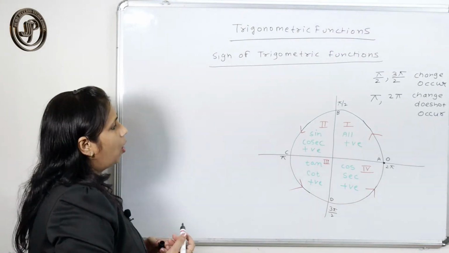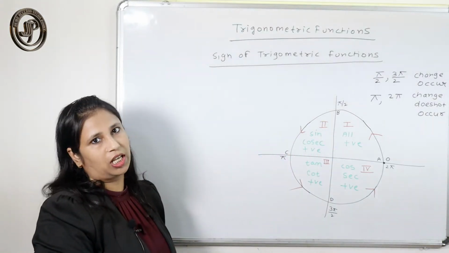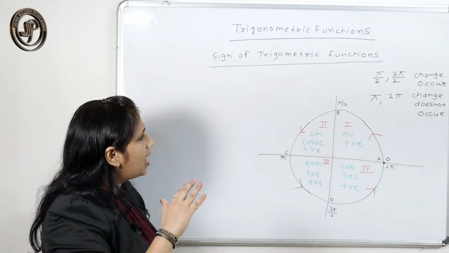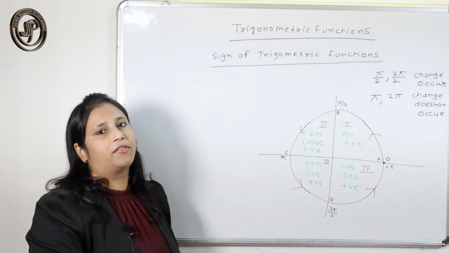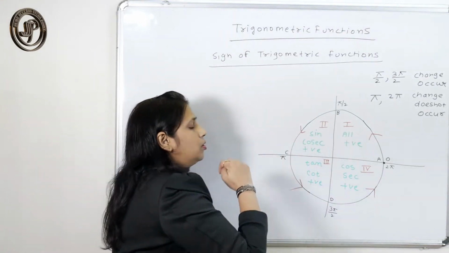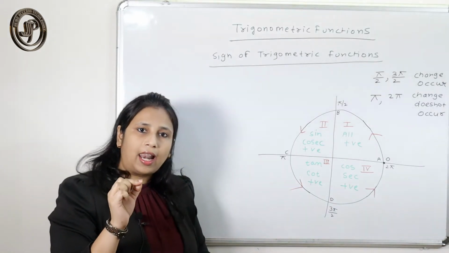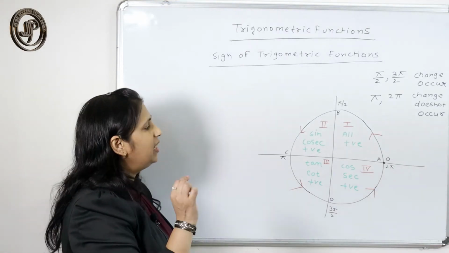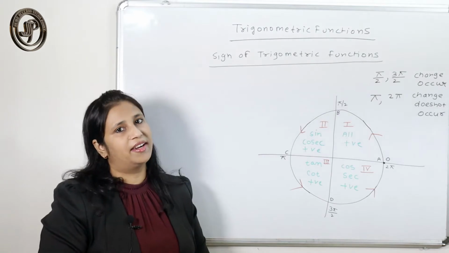Now, in the first quadrant, all trigonometric functions are positive. If you are lying between 0 to 90 degrees, all trigonometric functions are positive. And if your angle lies between 90 degrees to 180 degrees, then only sine and cosec are positive, the rest are negative.